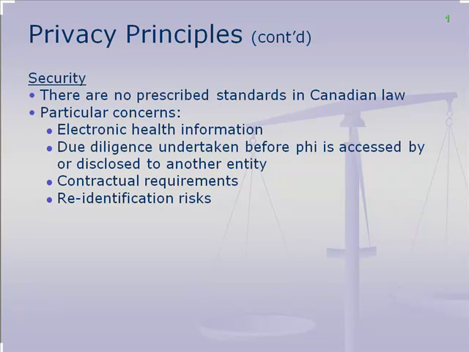This is important because, even in the research context, if REB approval has been given for the researcher to access identifiable information, there are security obligations. There are also contractual requirements, so agreements can have the security requirements.